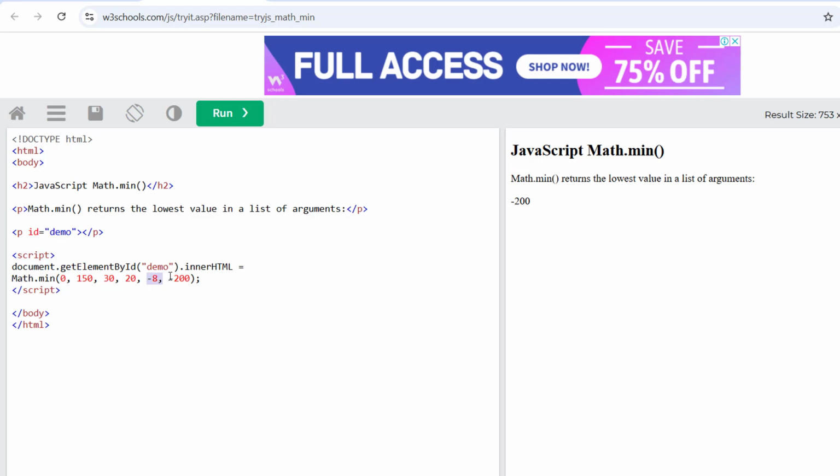Now two negative numbers are over here. You have to consider which is higher among the two negative numbers. Which is closer to 0? Is minus 8 closer to 0, or is minus 20? Minus 8 is closer to 0, that means it's higher, and minus 20 is lower. So this is the lowest number.